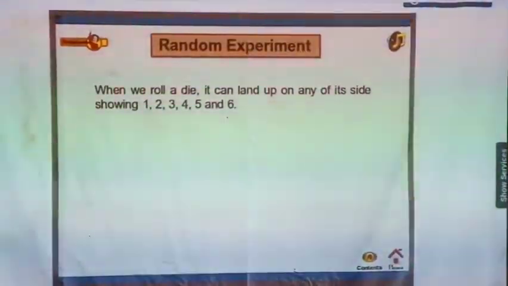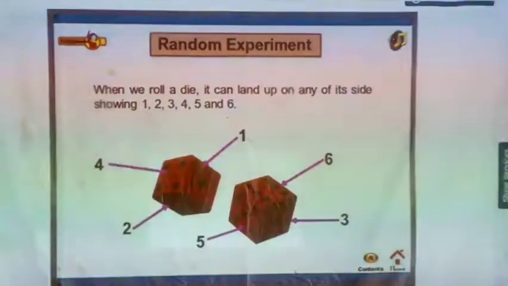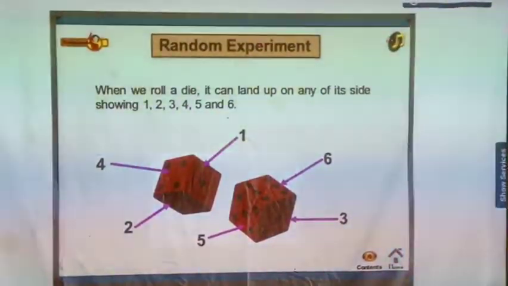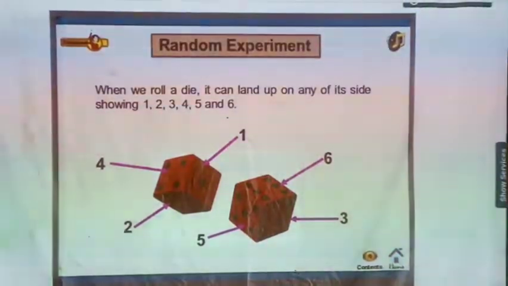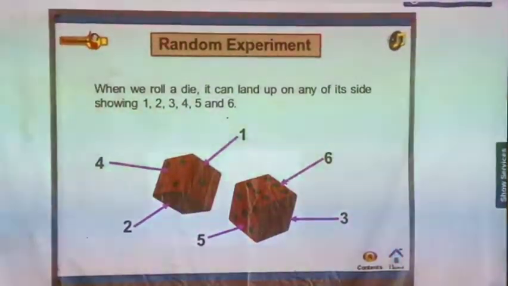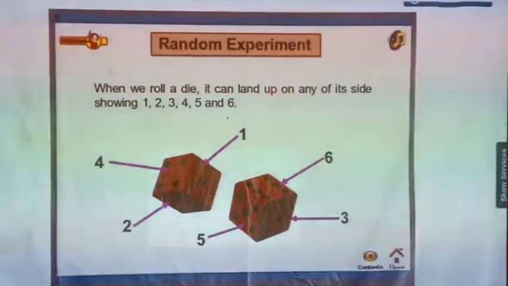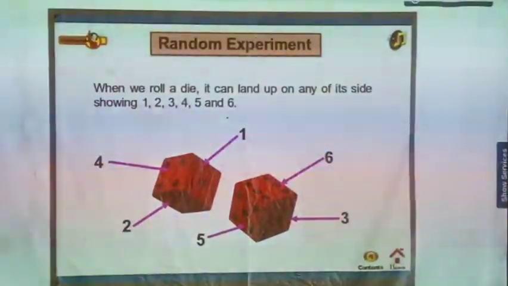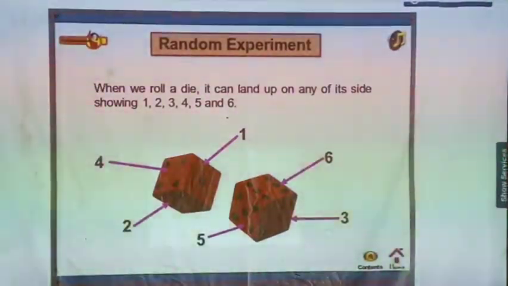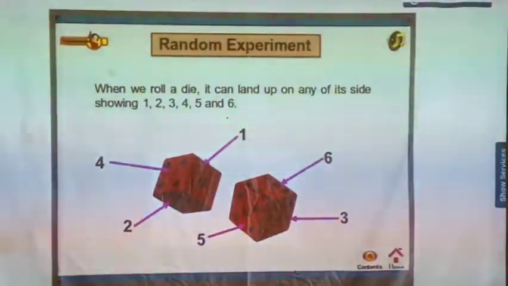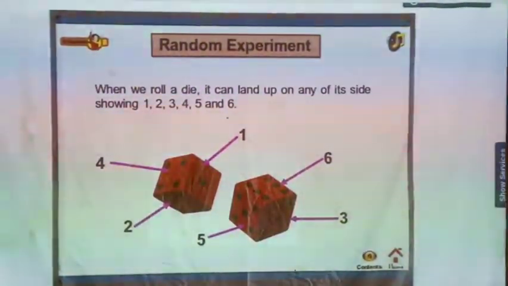When we roll a die, it can land on any of its sides, showing 1, 2, 3, 4, 5 and 6. We always know in advance that it will land on one of the 6 faces. But at a particular roll, we cannot tell in advance which side it will land on. Such experiments are known as random experiments.